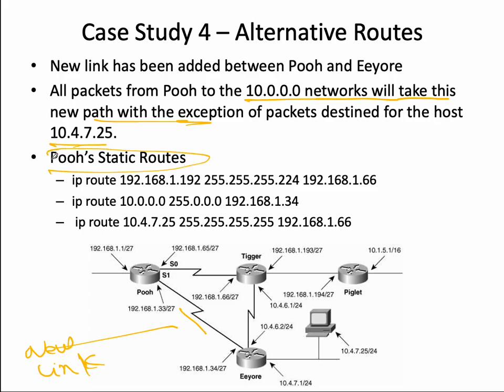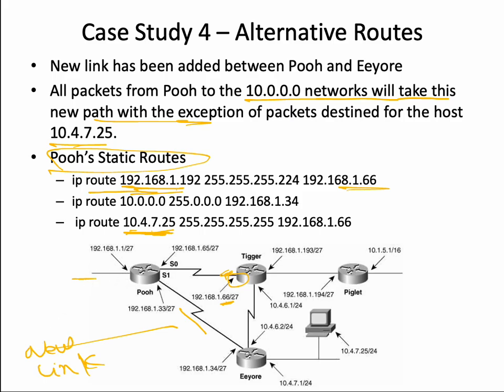Now if you look at POO's routing table or static routes, how we have configured, if any network needs to go to 192.168.1.192, we forward it to this guy. This is the next hop we are using for 2 networks, 192.168.1.192 and 10.4.7.25.